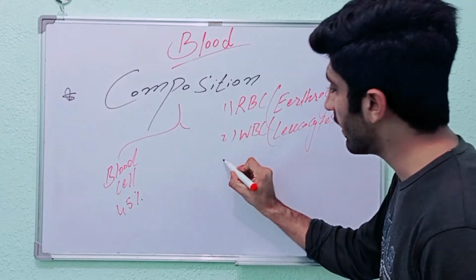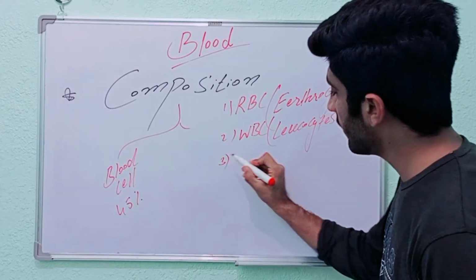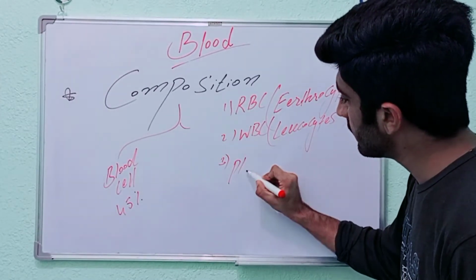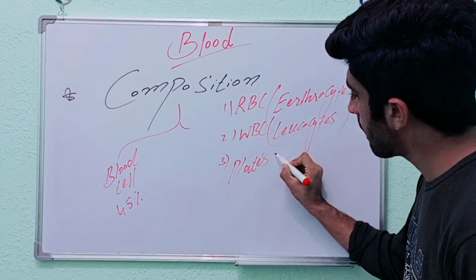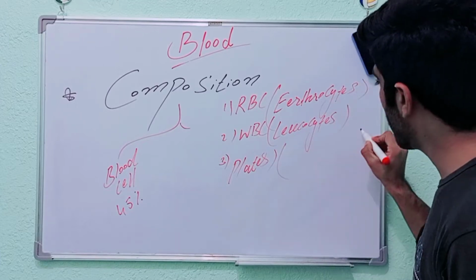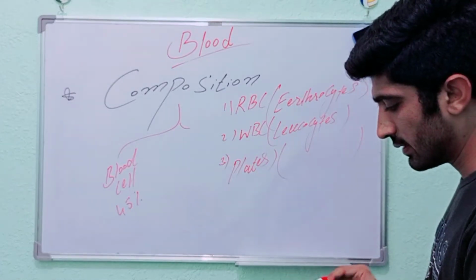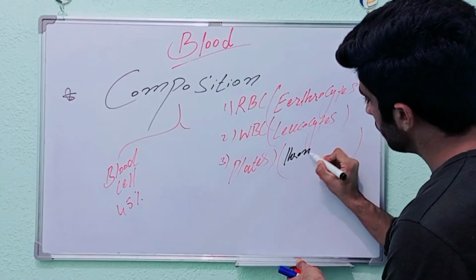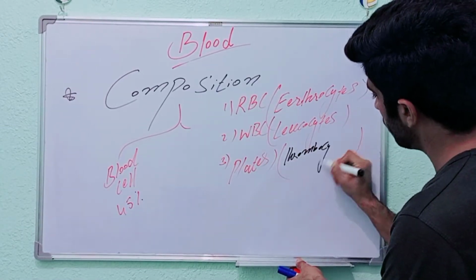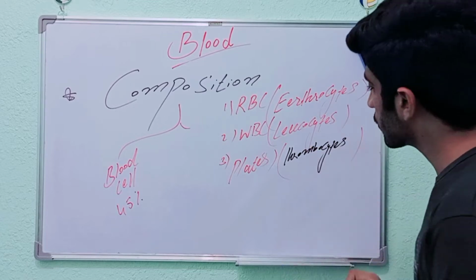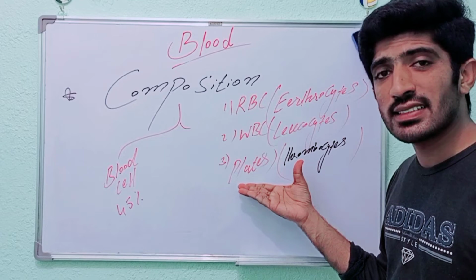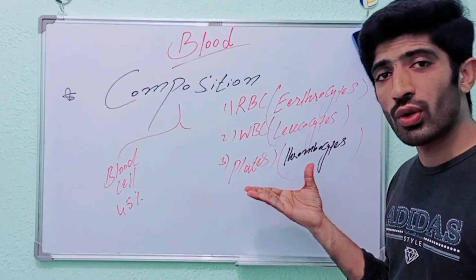On the third point is platelets. The second name of platelets is thrombocyte. The function of thrombocytes, the platelets, is to form clots.